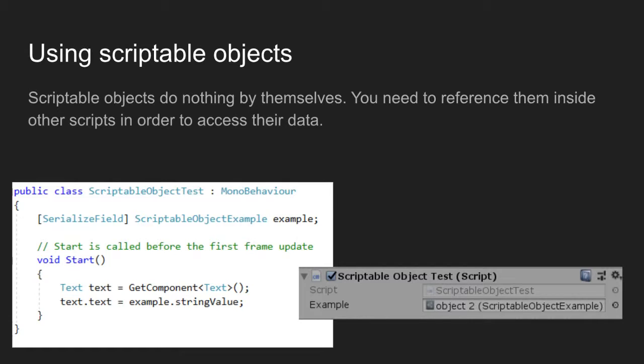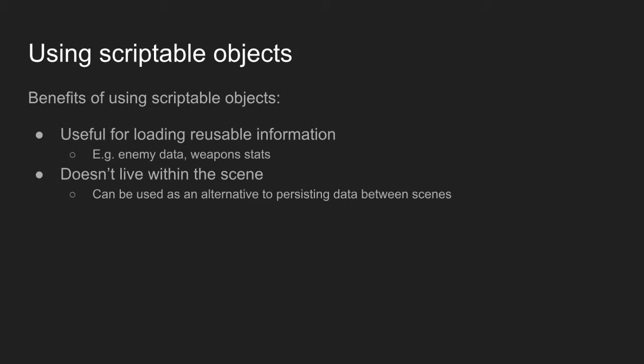Yeah. So one use for this is, the benefits of using scriptable objects. It's useful for loading reusable information. Like, say you have an enemy that appears a lot, and they have certain stats.